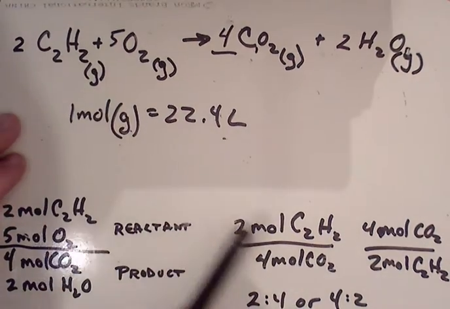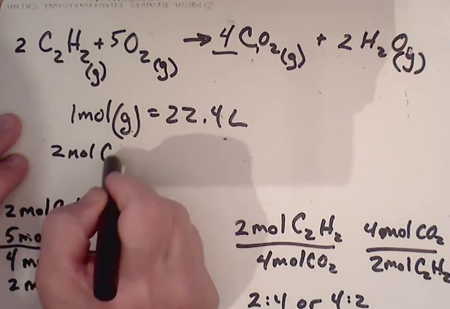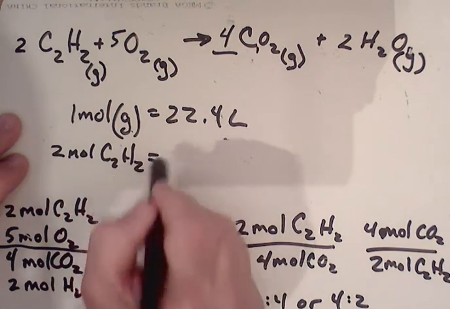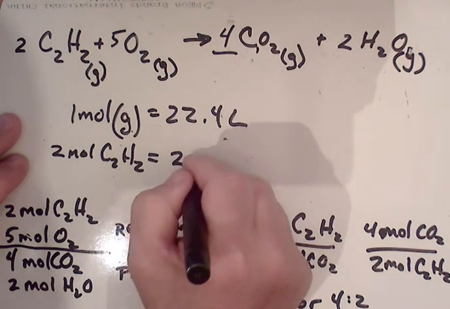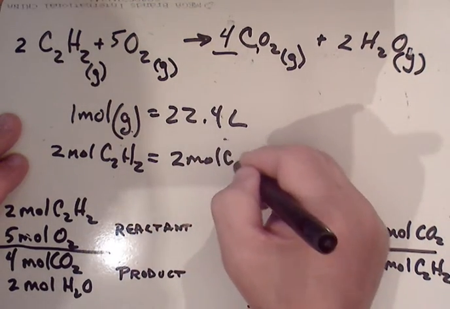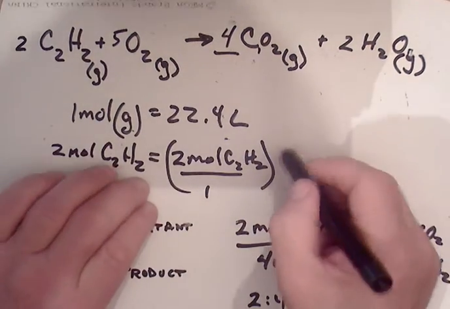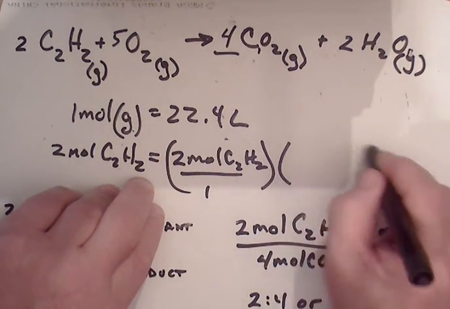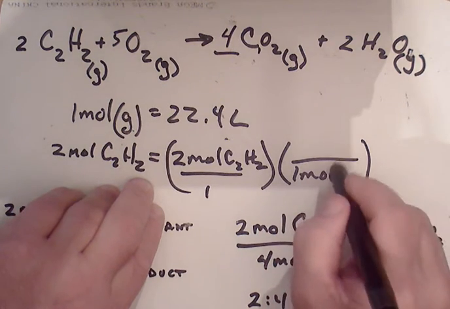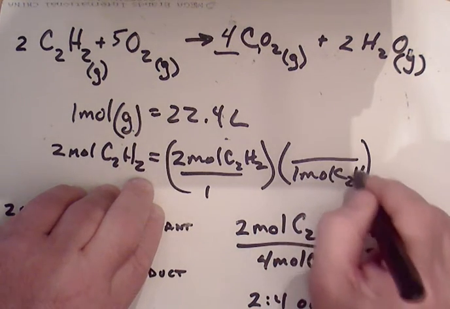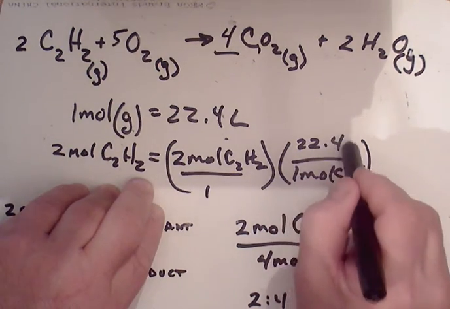So if that's the case, we have 2 moles of C2H2, which is going to equal 2 moles C2H2 over 1. And we know that 1 mole of C2H2, which is a gas, is equal to 22.4 liters.